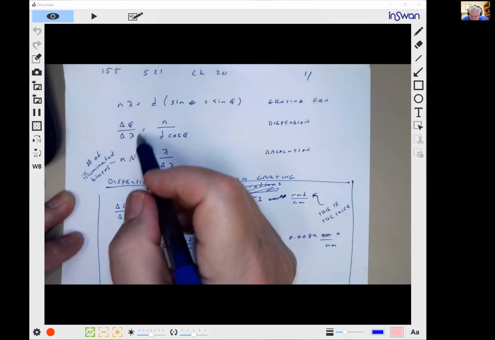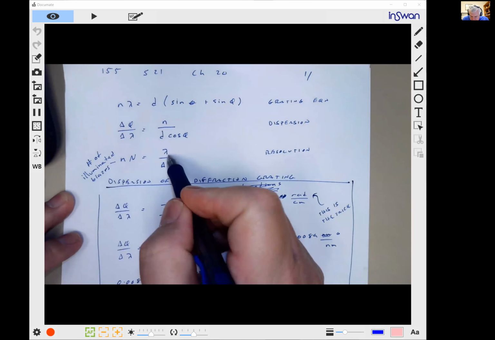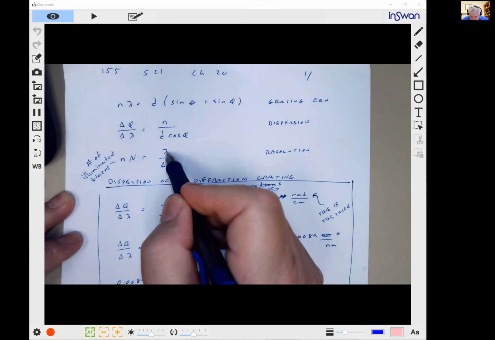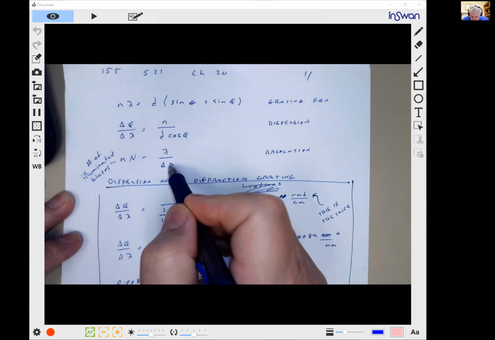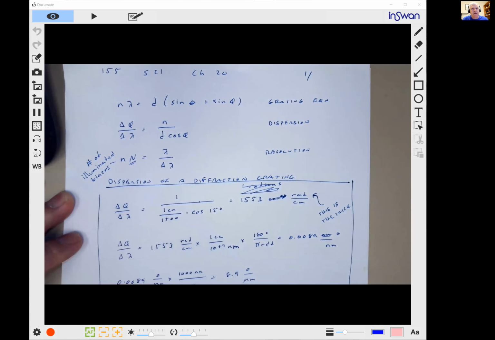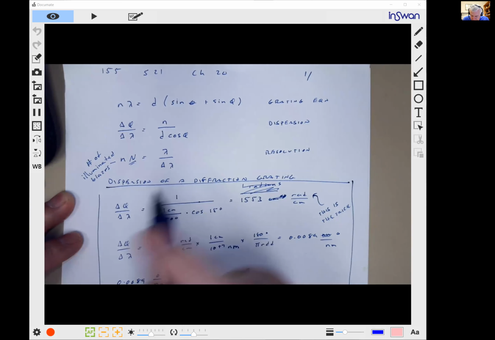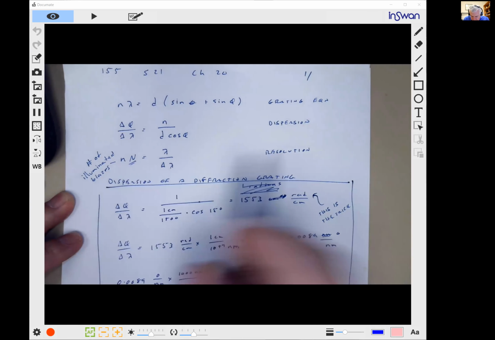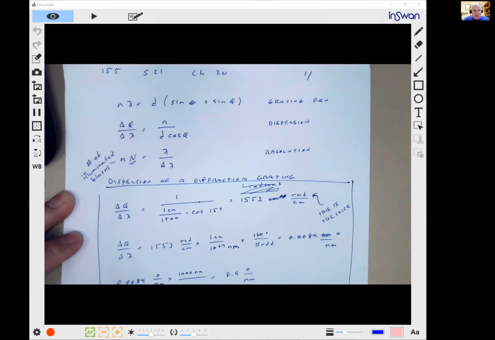If you want a resolution that will resolve 1 nanometer in 1,000, then you need to illuminate at least 1,000 lines on your grating. So little n times big N equals lambda over delta lambda. These are the only three equations we have for gratings right now.